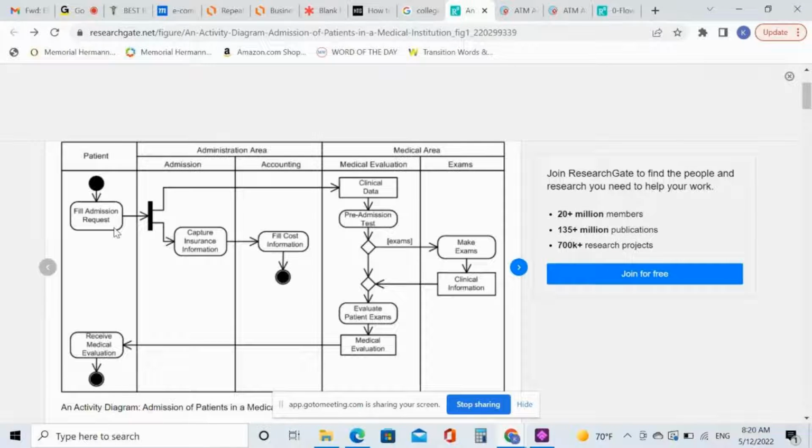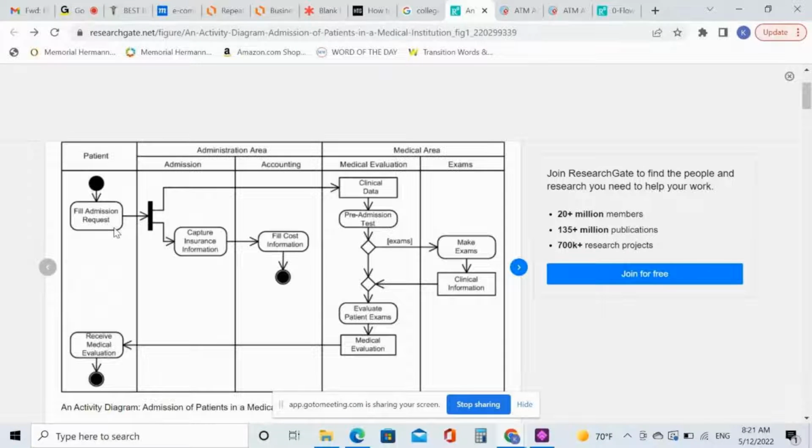If you have high blood pressure, then what kind of exams I would do on you might change. So those are data points doctors need to decide what kind of examination would be made on you. Then they do the medical evaluation and give a report to the patient. That's why it went to the patient area, where you receive a medical evaluation and then get a receipt.